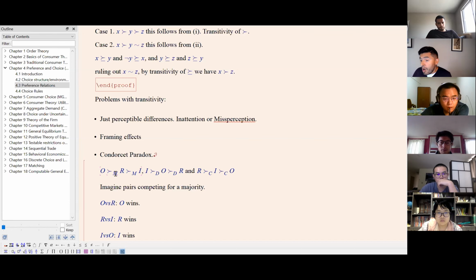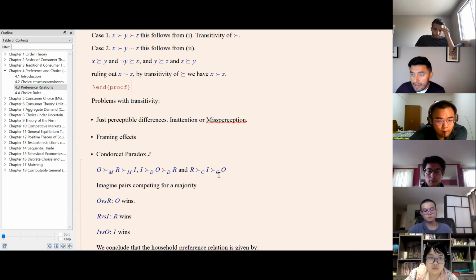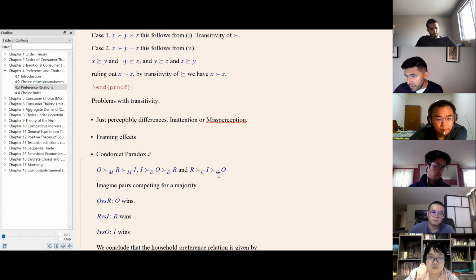The first one is the mom, the second one is the dad, and the third one is the child, okay? So the mom likes opera to the rock concert and the rock concert to the ice skating. The dad likes the ice skating to the opera to the rock concert, and the kid likes the rock concert to the ice skating, to the opera, okay? Each of them has transitive preferences individually, right?